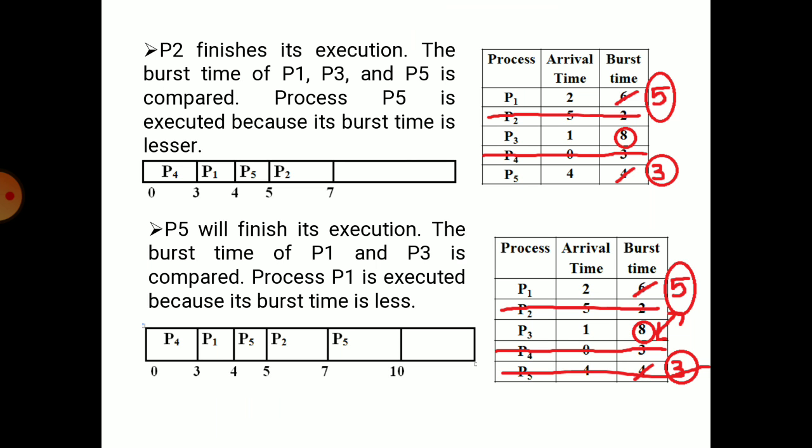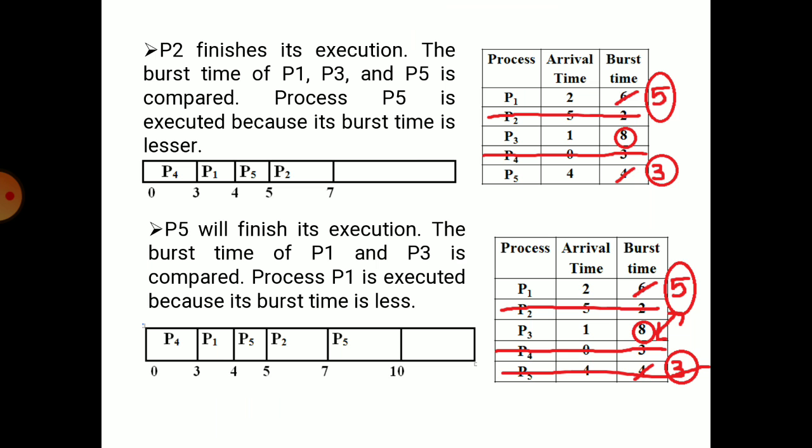P2 finishes its execution because it requires only 2 milliseconds, and no other process has arrived in the queue. The burst times of P1, P3 and P5 are compared.